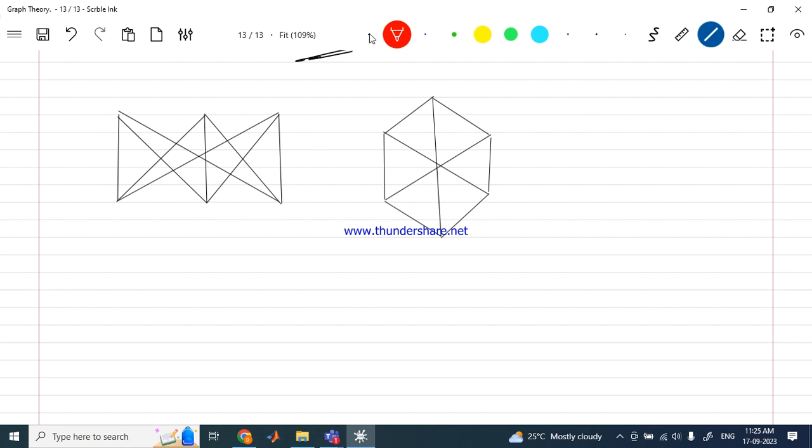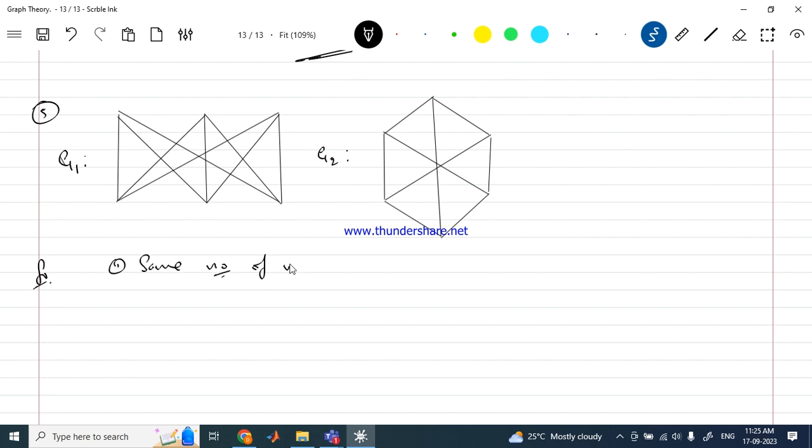Actually, these are bipartite graphs. Just check carefully. You can show them as bipartite graphs. This is my G1, this is G2. So this is what the given problem is. Problem number 5. We need to show whether they are isomorphic or not. First point: same number of vertices.